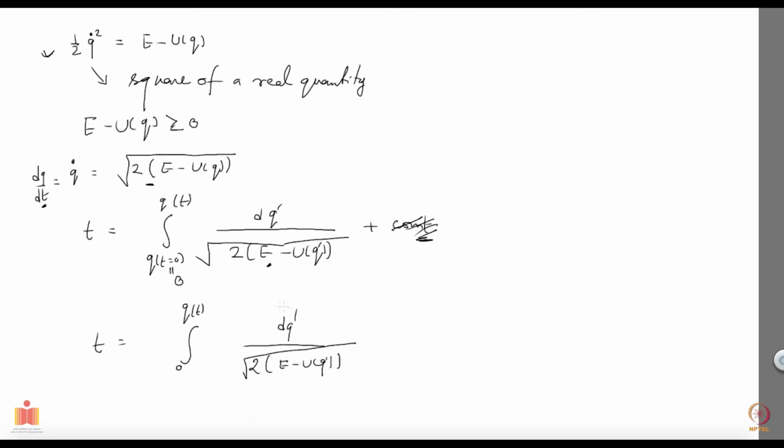Now, if I can calculate this integral, if you are given a U of q, and you see it's only the potential energy that describes this system, you can do this integral and get t as a function of q. And in principle you can invert it. It may not be possible always, but you can invert it, let's say, and then you'll have the trajectory. But in any case, we say that the problem has been solved because we have t as a function of q in principle.